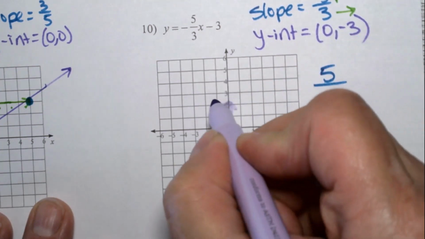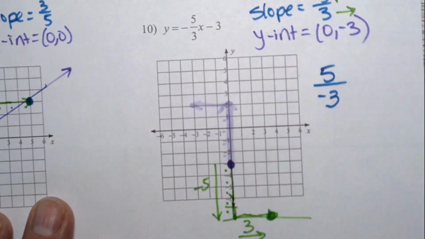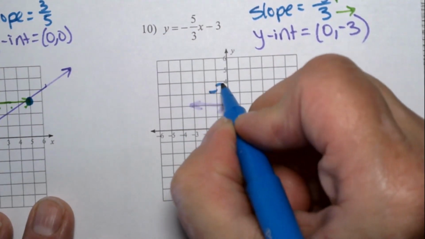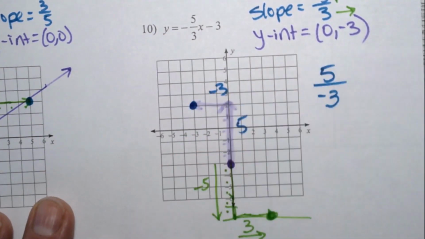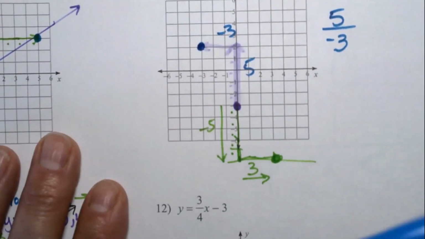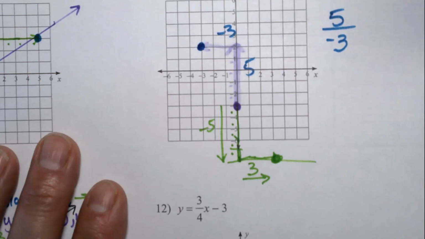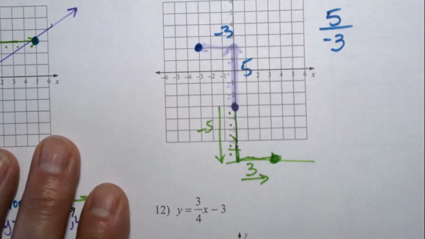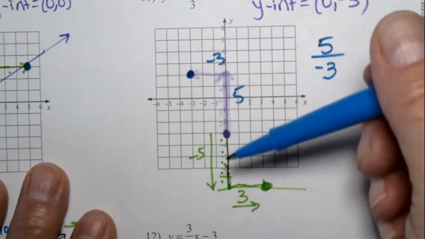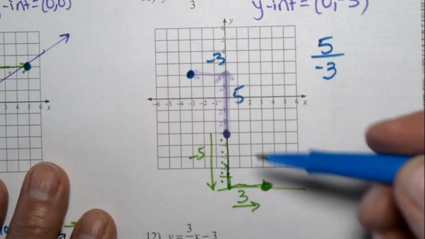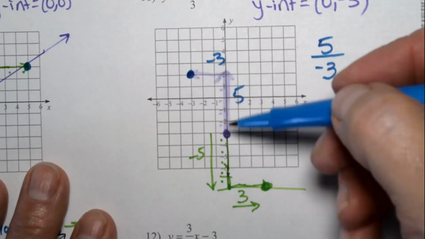This is the y-intercept. I would go up 5. 1, 2, 3, 4, 5. I would go up 5 and then back 3 to get that negative. So I go up 5 and a -3 there, and then the point would be there. And it works because you guys can see they all line up. So you're on the same line no matter which way you do that.